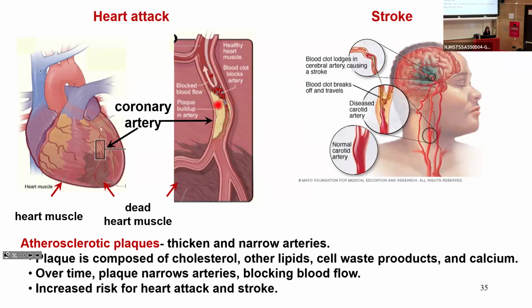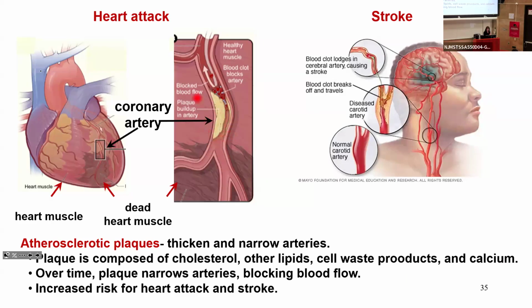It's composed of cholesterol and other lipids. It can also be calcium, waste products, and calcium can form here. What ends up happening is that it begins to occlude blood flow in the artery. And if this becomes completely occluded, you will have a heart attack, and that will be felt as pain.